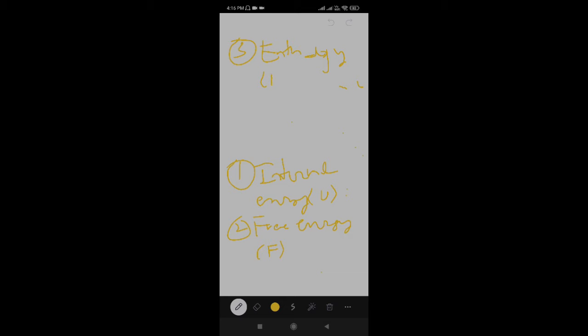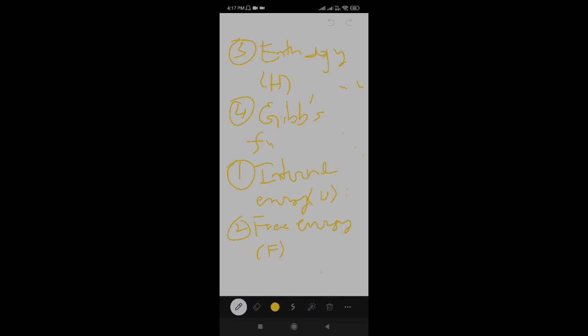We denote this with the capital letter H, enthalpy, or total energy function, or total heat function. Next, the Gibbs function, G. Gibbs is the name of the scientist.